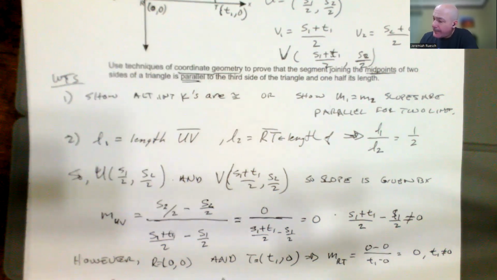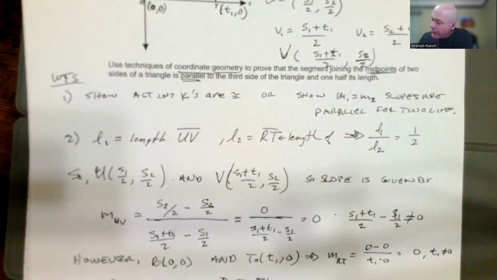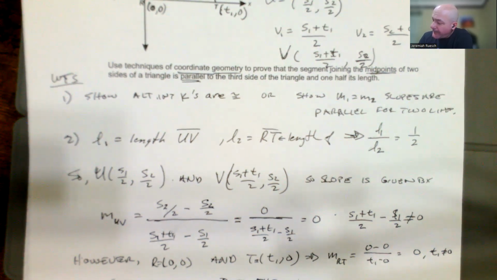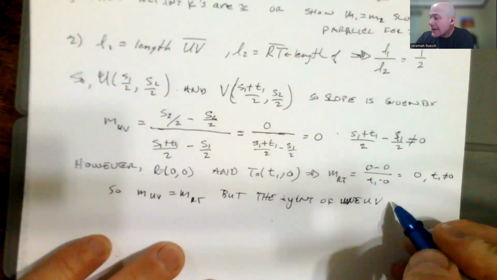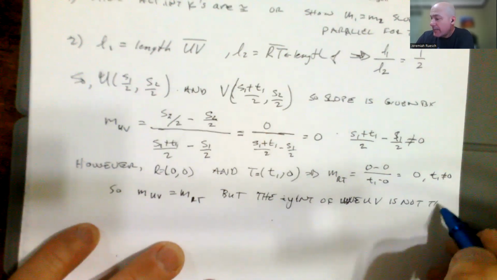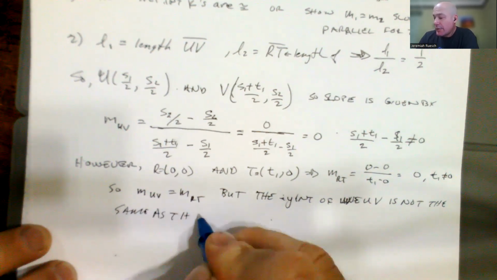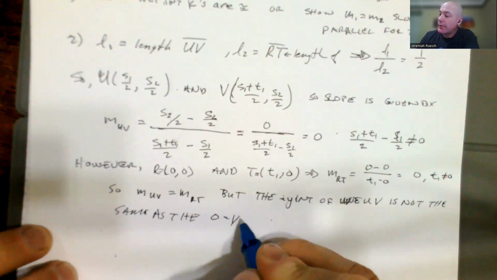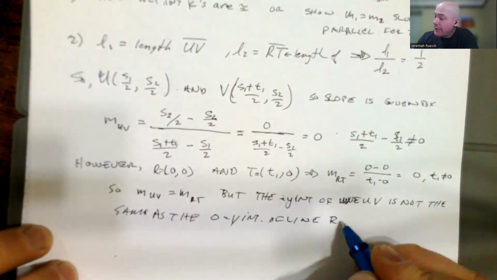Okay, but the y-intercept of line UV is not the same as the 0 y-intercept of line RT.